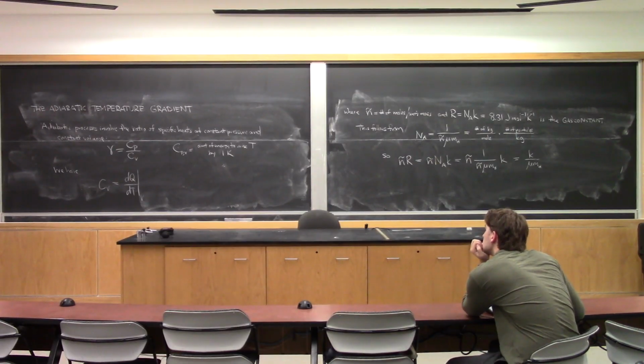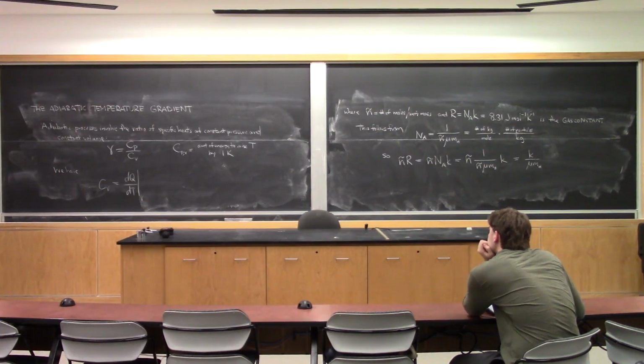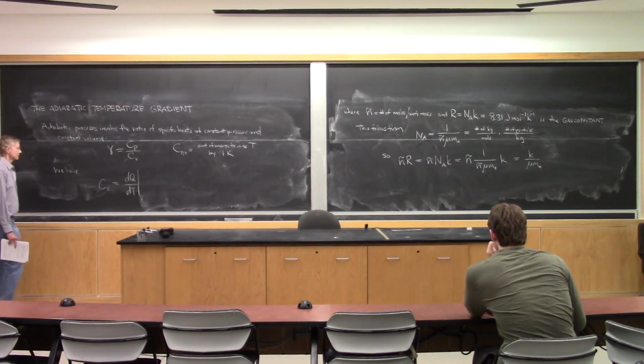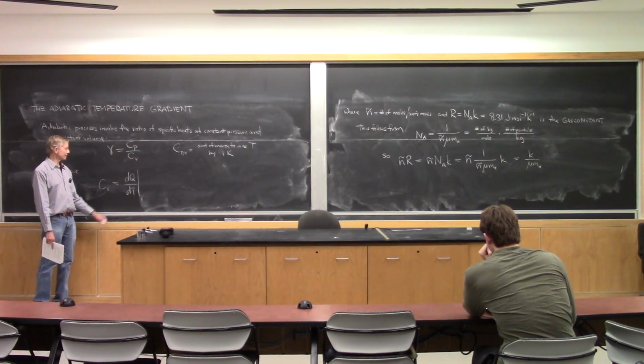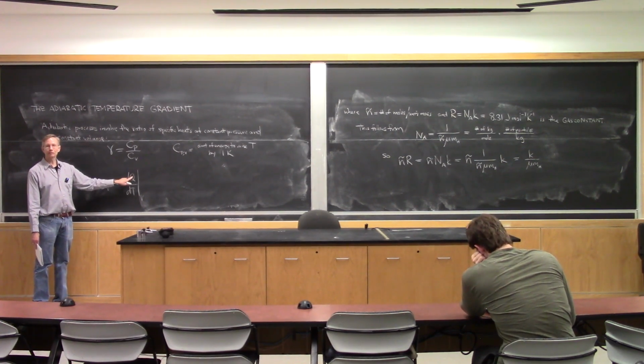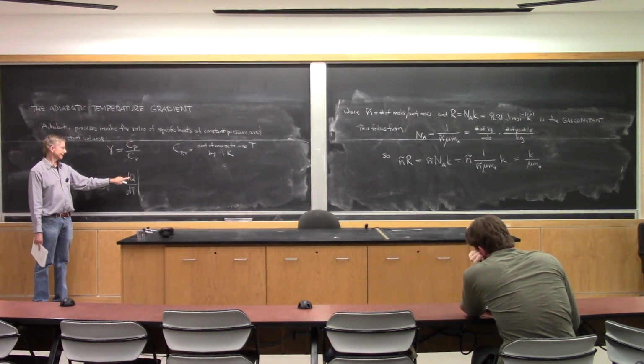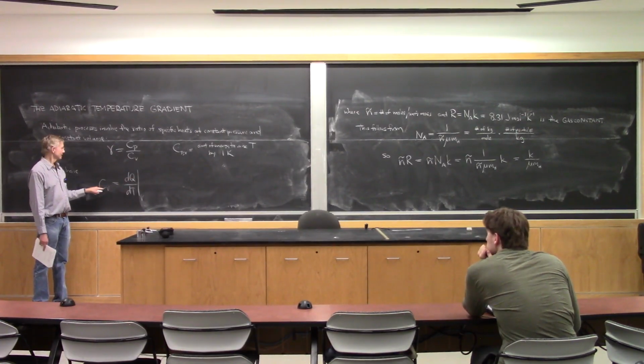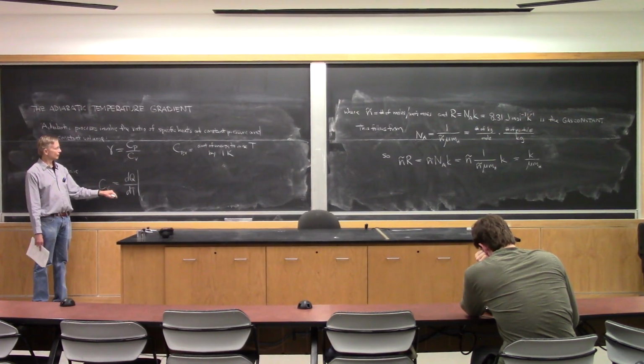So if the temperature change was 1 Kelvin, then dq would be equal to the heat that you need to produce that. So Cv in general is the ratio of how much heat you put in divided by the temperature change.